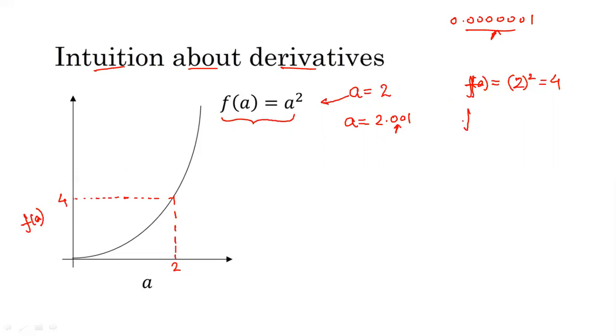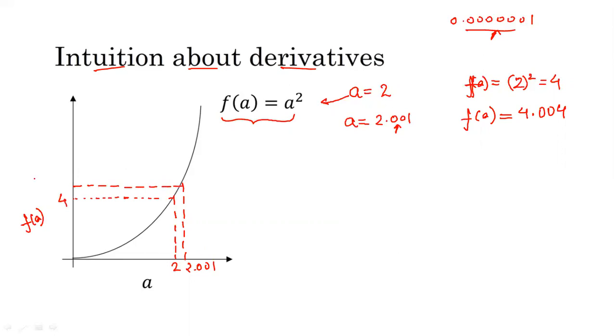Now what will be the output f of a corresponding to a value of 2.001? It will be 4.004. So now plot this point also, that is, if a is 2.001. The points I am taking into consideration are not according to scale, this is only for better visualization.